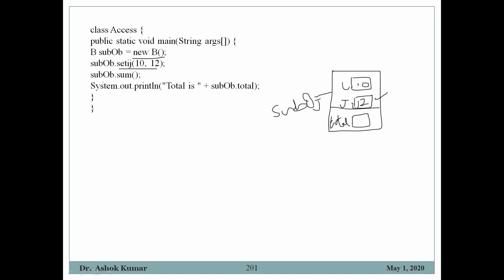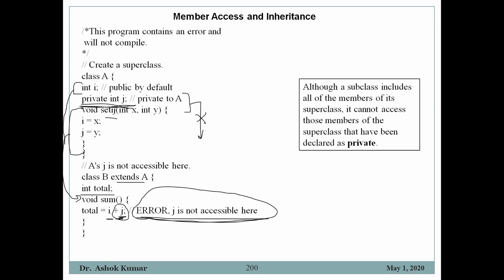And after that, we are calling the sum method. Sum is its own method. If you remove this line from here, then you will get the value of i over here. If you want to add the value of j to i, in this case, you have to write one method over here that can give you the value of j. So you cannot use j directly over here, but through the superclass method, you can obtain the value of j.